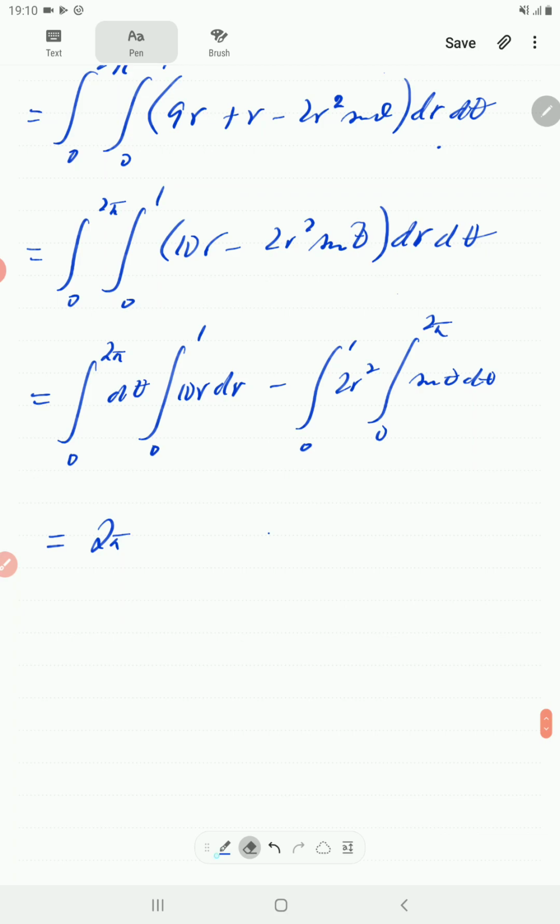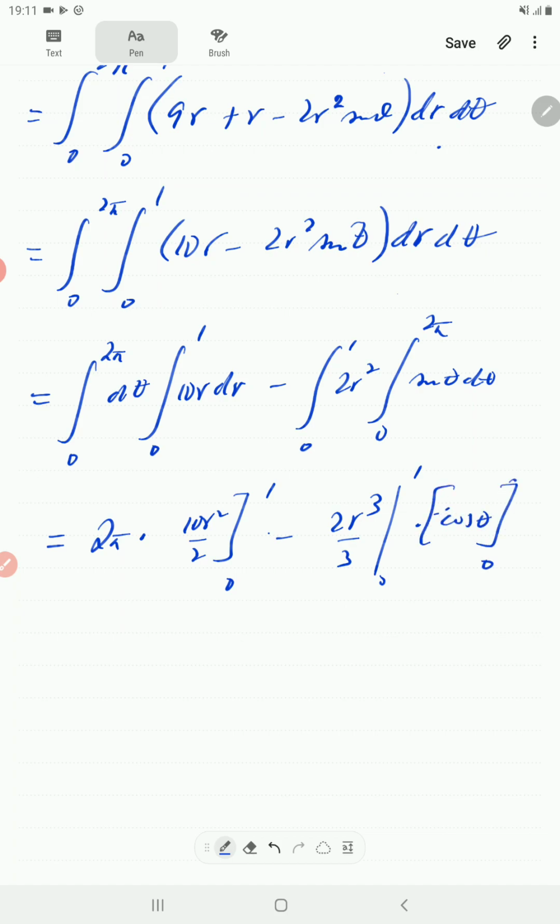Here we're going to have 2 pi. This one is going to be 10r squared over 2 from 0 to 1. That is going to be 2r cubed over 3 from 0 to 1, and the integral of sine is negative cosine theta from 0 to 2 pi.